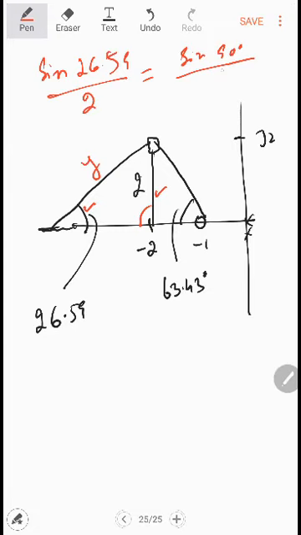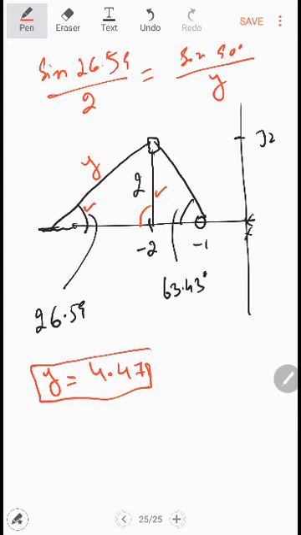So you can find y, and after simplification, y is equal to 4.47. Now it is easy, because we know what y is, which is equal to 4.47.